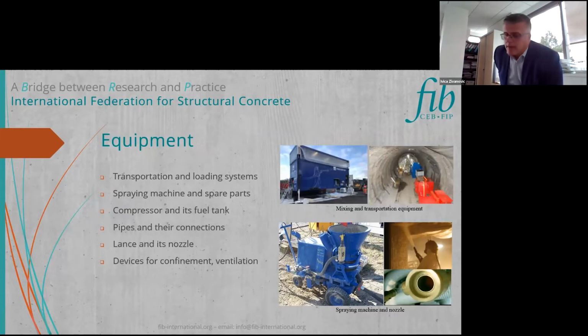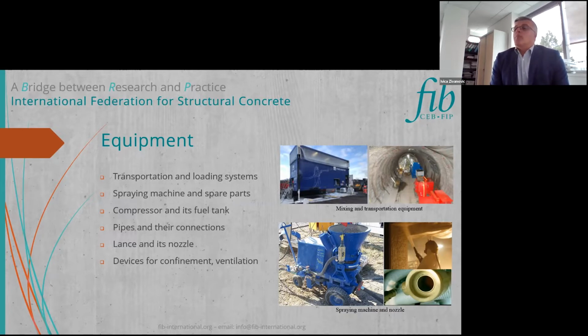Related to the equipment, we have seen the principle, but there is mixing and transportation equipment which allows preparing the mix. Then the spraying machine itself; in both cases spare parts are mainly needed for the spraying machine.